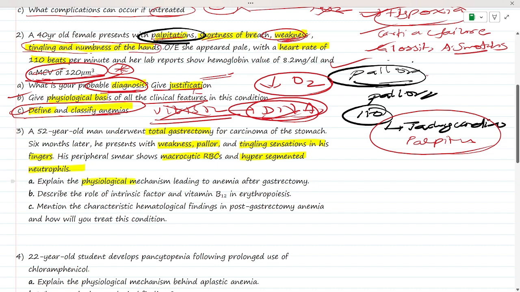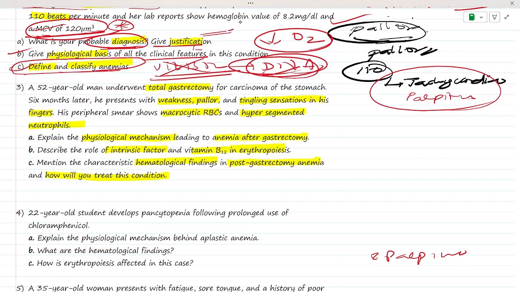Explain the physiological mechanism leading to anemia after gastrectomy. Describe the role of intrinsic factor and vitamin B12 in erythropoiesis. Mention the characteristic hematological findings in post-gastrectomy anemia. How will you treat this condition? Okay, I think you might have diagnosed it by now because of the tingling sensation in his fingers.